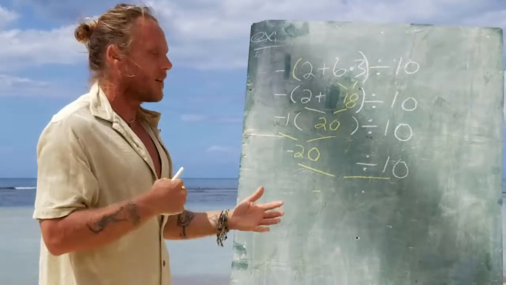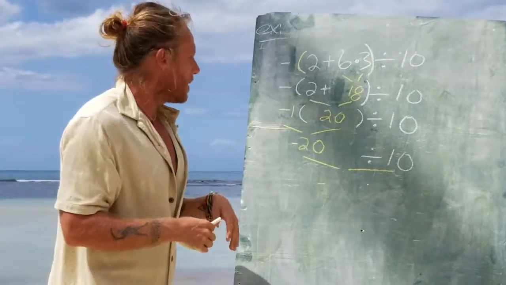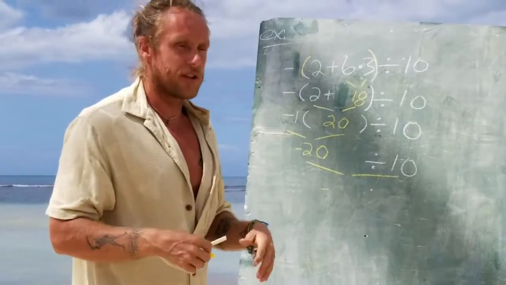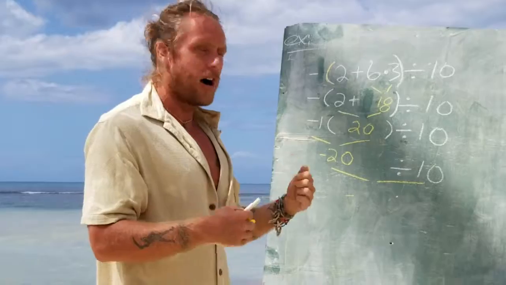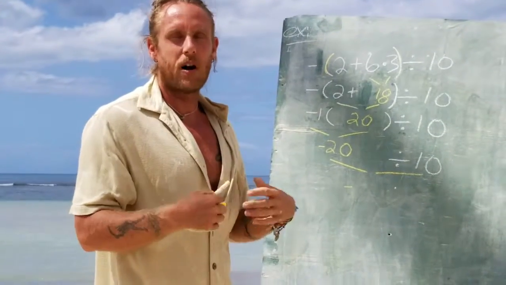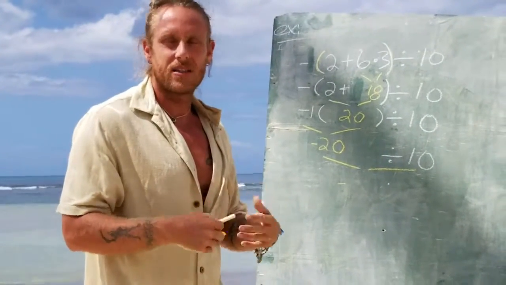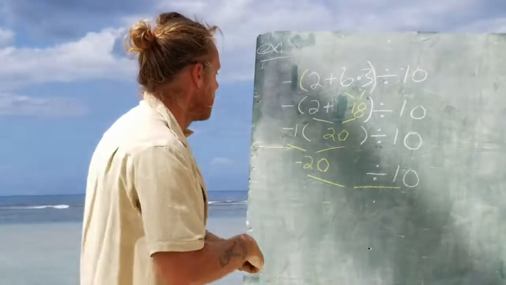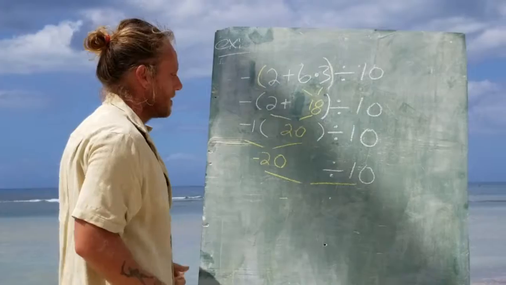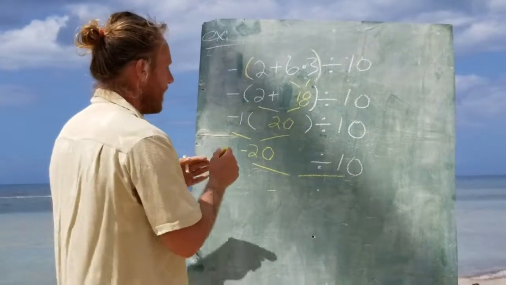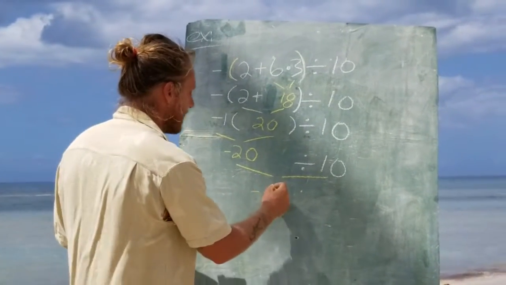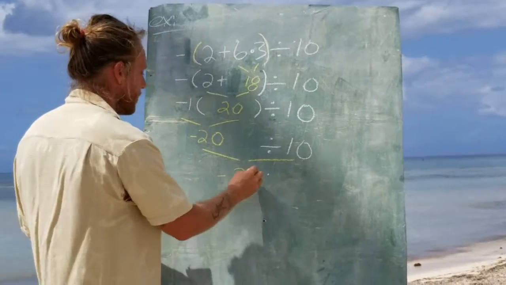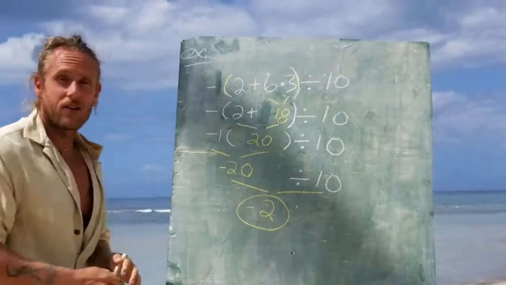Again, we won't explain why those are at this point, but let's just quickly go over some. If you multiply or divide, a positive times a positive is a positive, positive times a negative, or negative times a positive is a negative, and two negatives multiplied or divided together are a positive. So a negative divided by a positive is a negative. So negative 20 divided by 10 is negative 2. And there is our answer.